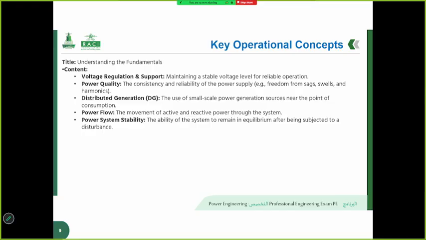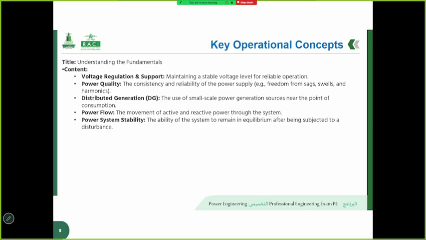The last thing is power system stability, which is the ability of the system to return to a state of equilibrium after being subjected to a disturbance, such as a sudden change in load or a short circuit fault. Stability is a measure of the system's robustness. A stable system can withstand these events without losing synchronism or experiencing widespread blackouts.